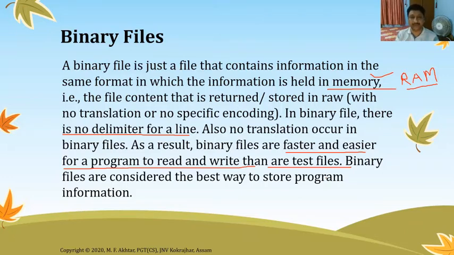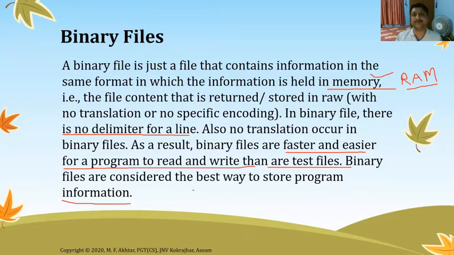Our program becomes faster if we use binary files. Binary files are considered the best way to store program information. That's why most software, for example Word, Excel, PowerPoint, any type of software, mostly use binary files to store their information, because they are easier to store and faster. That's why they are used.